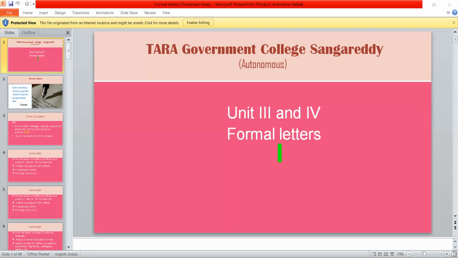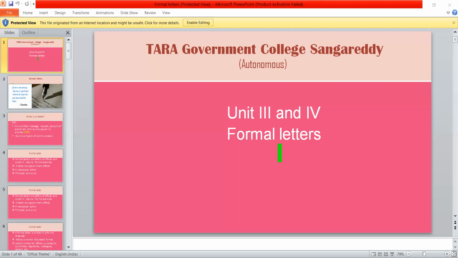So inside address, then attention line, if it is there, this will be above the salutation. When I was explaining the parts of the letter, reference number comes in the first position, sender's address comes then date, then inside address, then attention line.